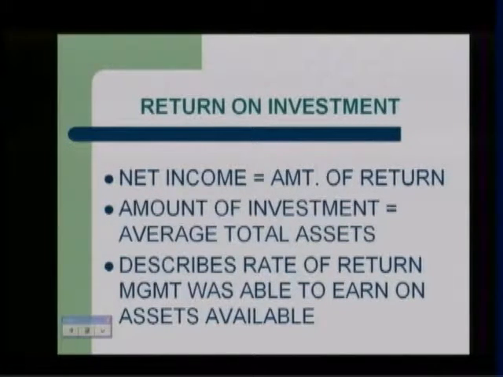So average total assets would be the beginning of the year assets plus the end of the year assets divided by 2. So we're going to take beginning year total assets, ending year total assets, divide by 2. That's going to be our average total investment in assets. This is simply going to be a rate of return on that investment.